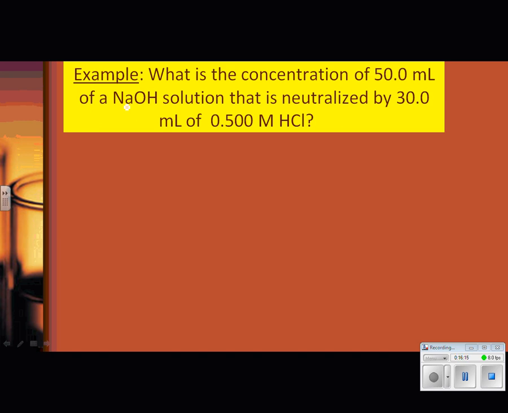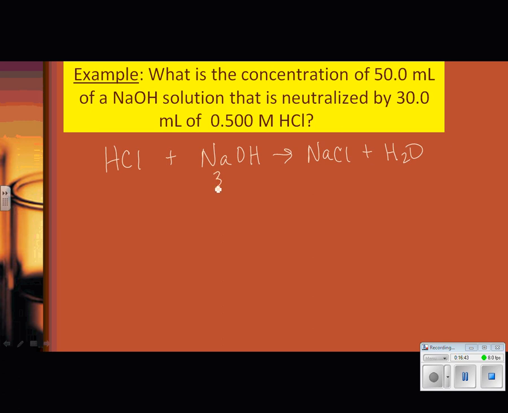So I'm going to start first with the balanced chemical equation. So I'm going to start with HCl plus NaOH yields NaCl and H2O or HOH. That's balanced, so I can go from there. So you're always going to start with your known values.